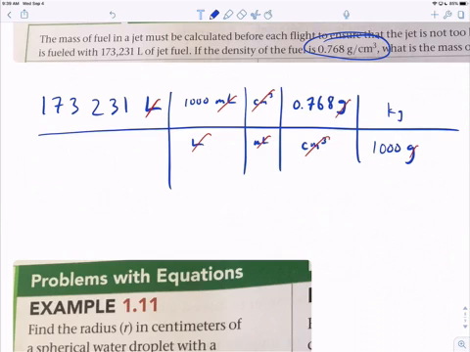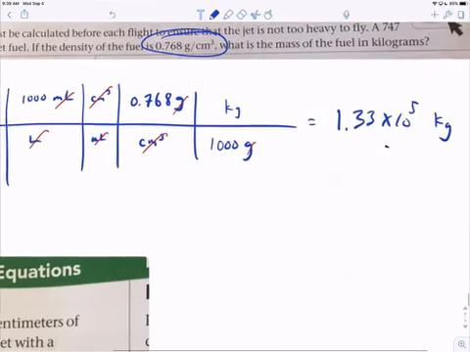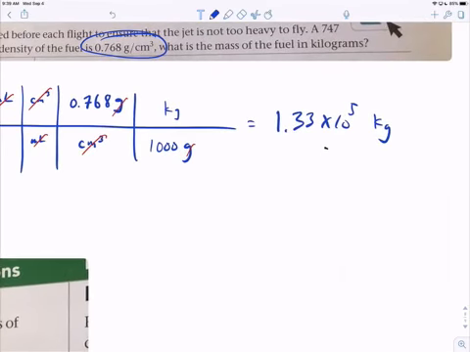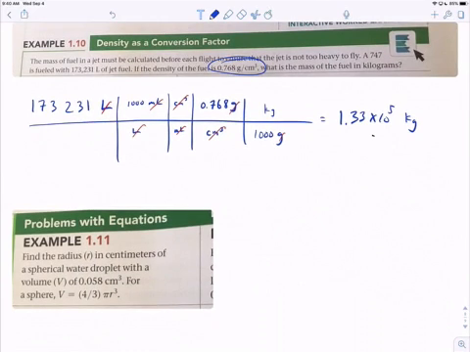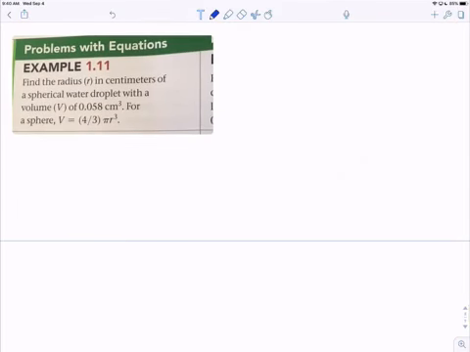But our density is about 3/4, so whatever 3/4 of 173 is, that's going to be around 140,000 to 150,000 kilograms, in that range. And we got 133,000 kilograms, 133 tons. So, questions with this one?